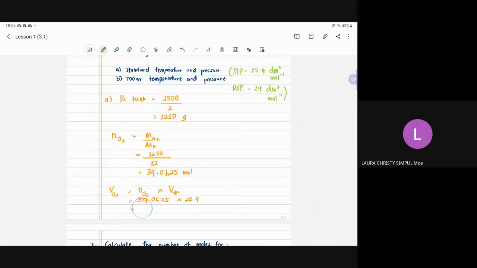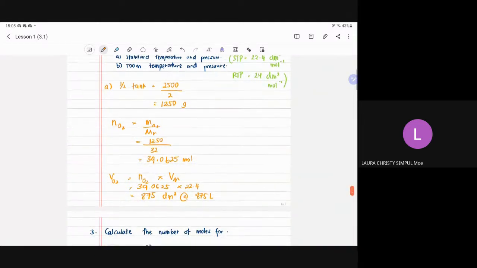You should get the volume as 875. Now, this one has the unit of decimeter cube. Decimeter cube ni juga sama dengan liter tau. Unit dia sama dengan liter.